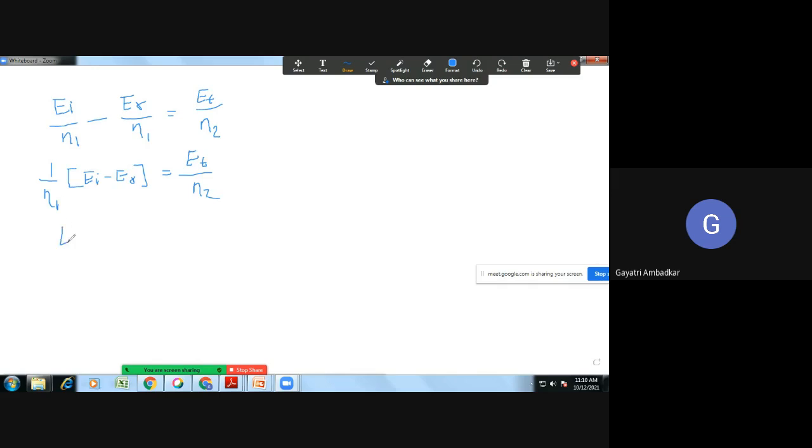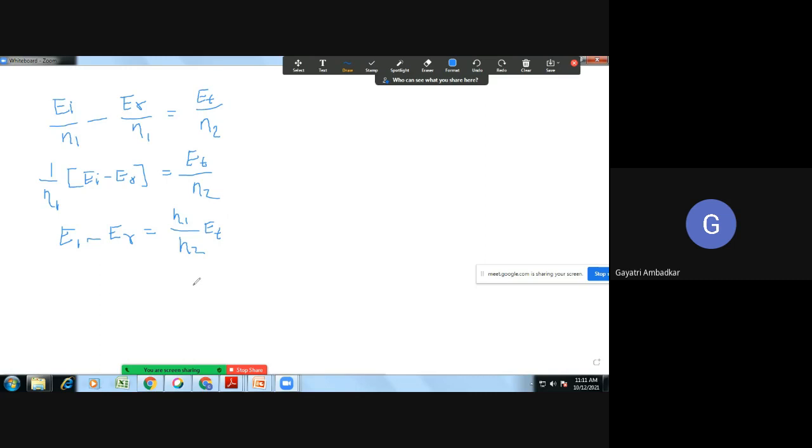So from this I can write Ei minus Er is equal to, taking this eta here, eta 1 upon eta 2 into Et.